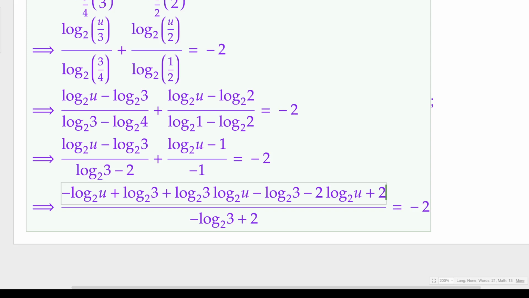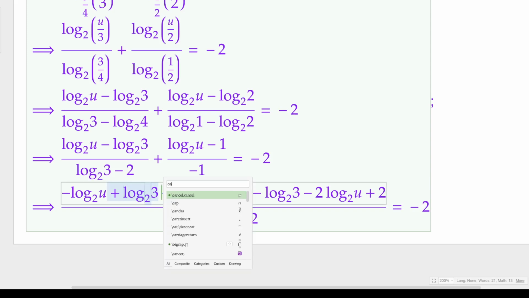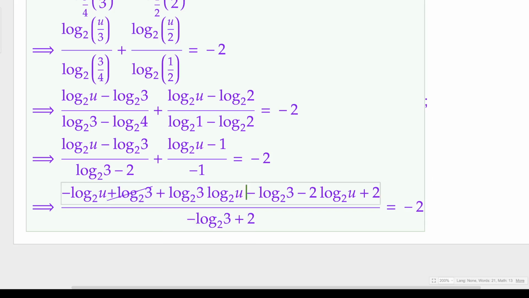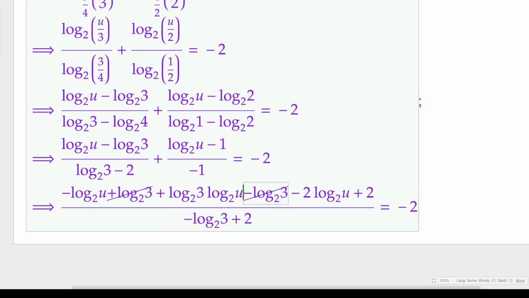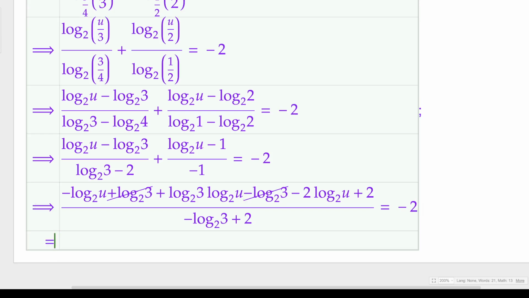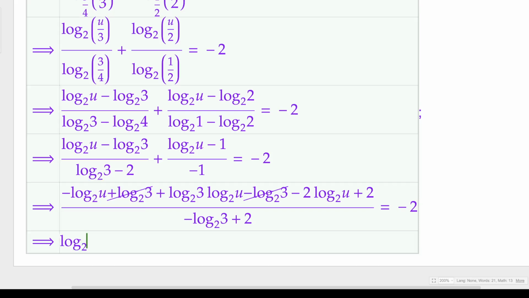Now if you observe here, this positive log 3 base 2 can be cancelled with this negative. So that is the cancellation that we can have. Now on proceeding to the further step, this one can be written as log of base 2 u. This one I'll consider as the common factor, and instead of this one I'll write negative 1.